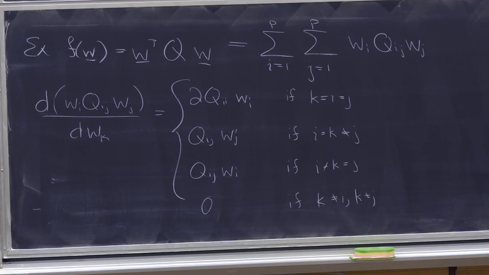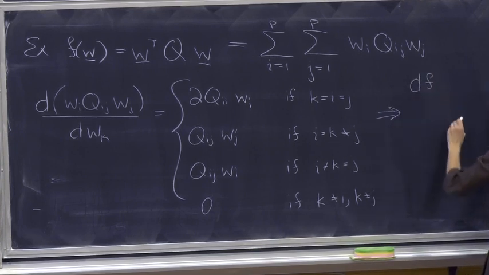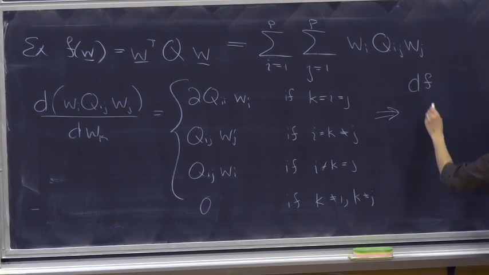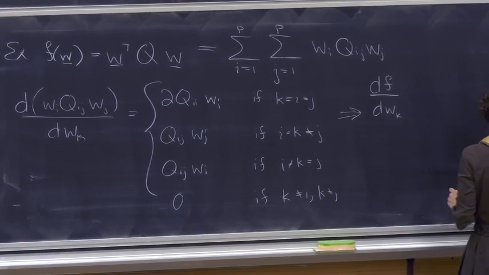Okay, so in order to figure out the gradient, what we have to do next is figure out the derivative of f, the sum of all of these terms here, with respect to wk.